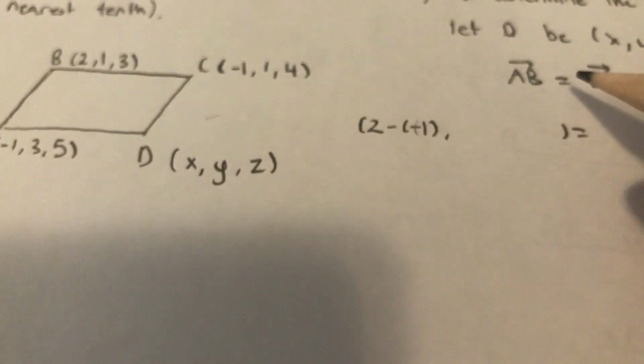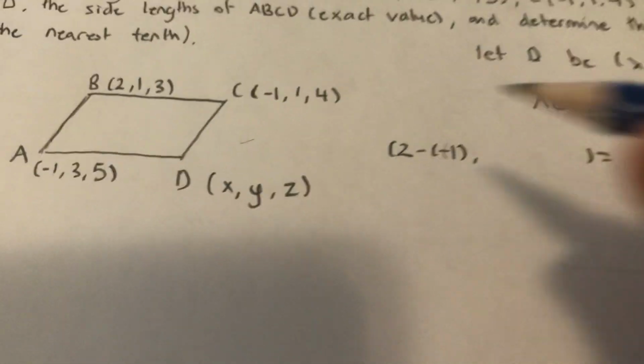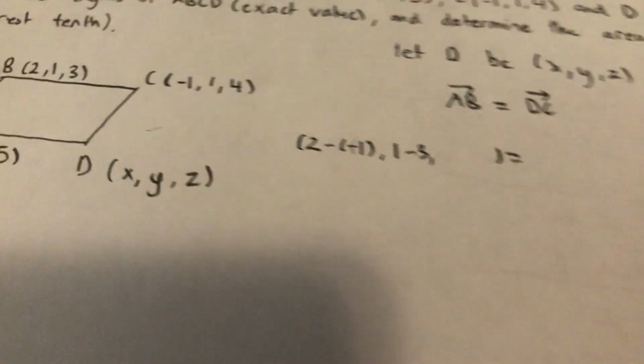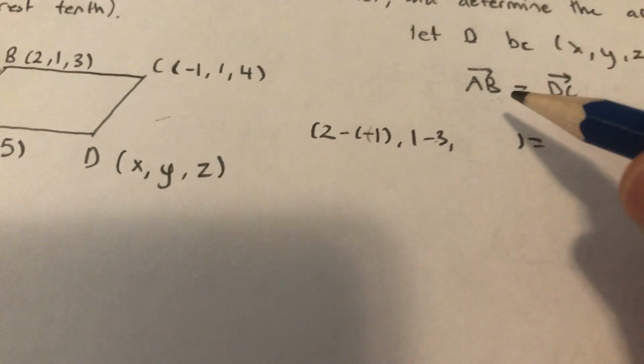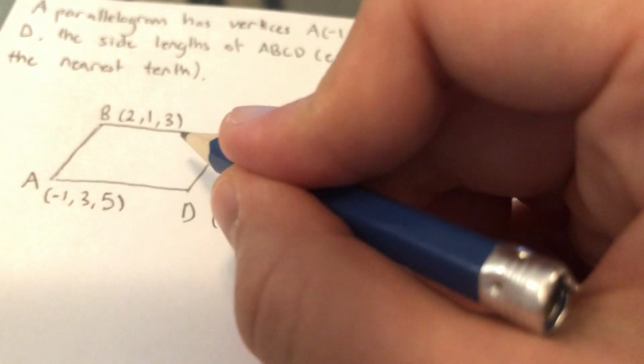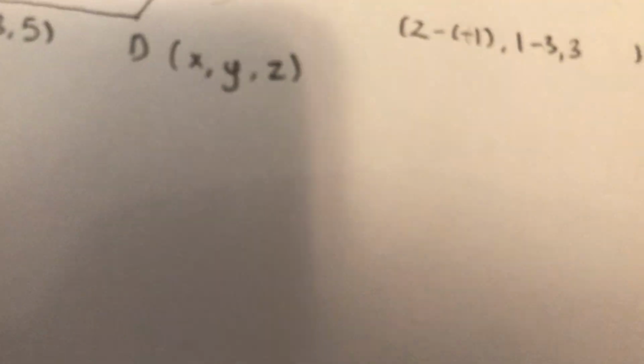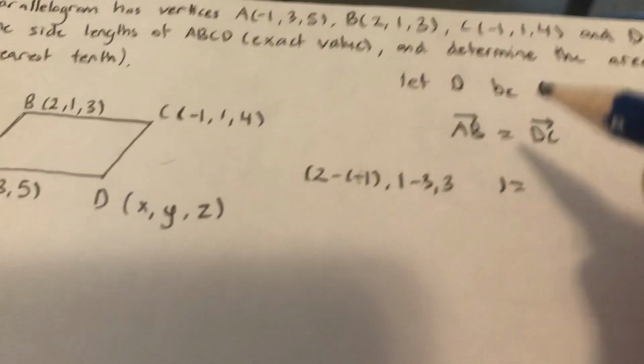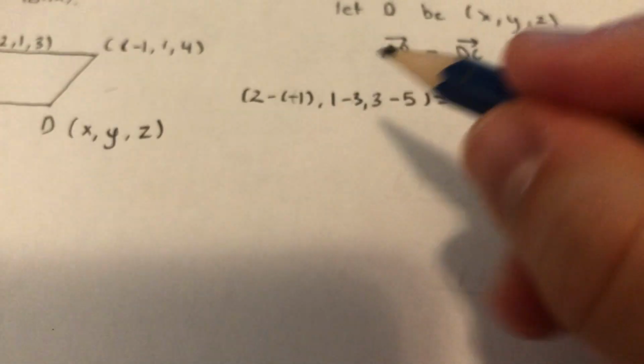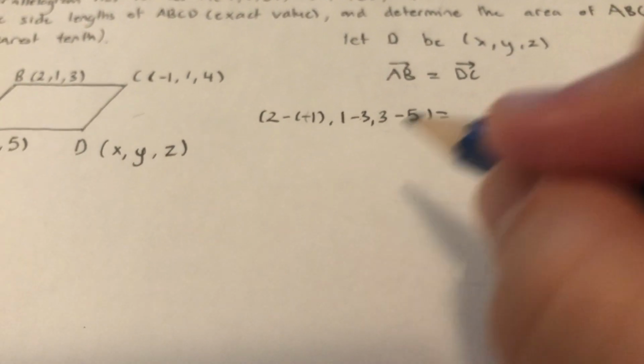Now repeat that for the y value: the y value of B, 1, minus the y value of A, which is 3. And then the z value of B, which is 3, minus the z value of A, which is 5. So this is what we have so far for vector AB.